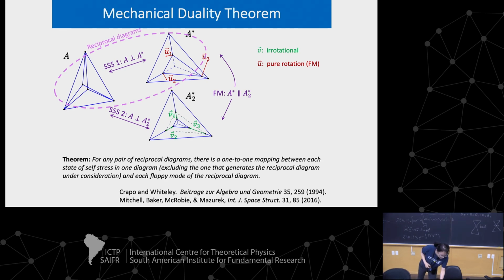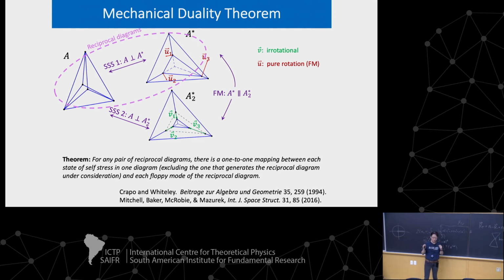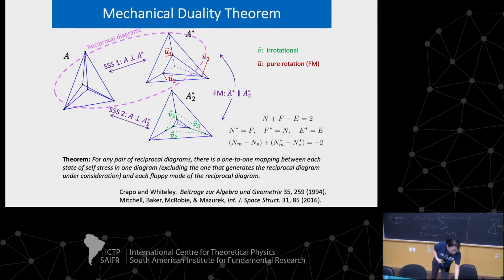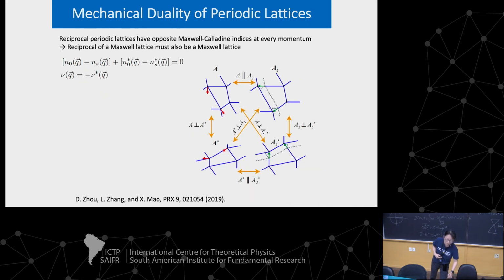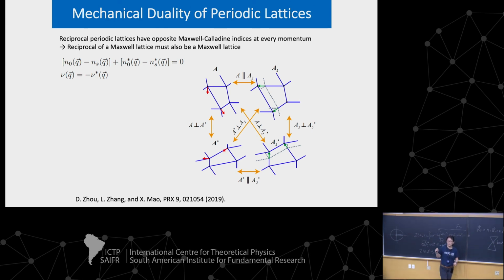So that's basically this theorem that first appeared in this paper here and was known in the mathematical rigidity, combinatoric rigidity community and among engineers, but somehow was not known to physicists for a long time. So then we use this rigidity. I'm going to be going pretty fast here. We can do it on periodic lattices. You can show that for periodic lattices, there is a very interesting subtlety in terms of the q equal to 0 point, the zero momentum point.